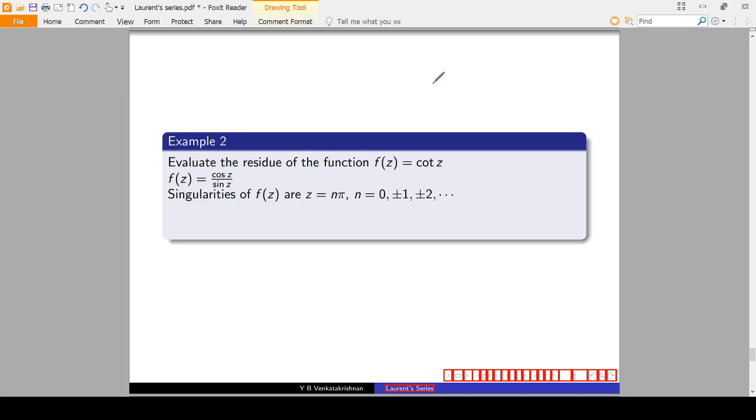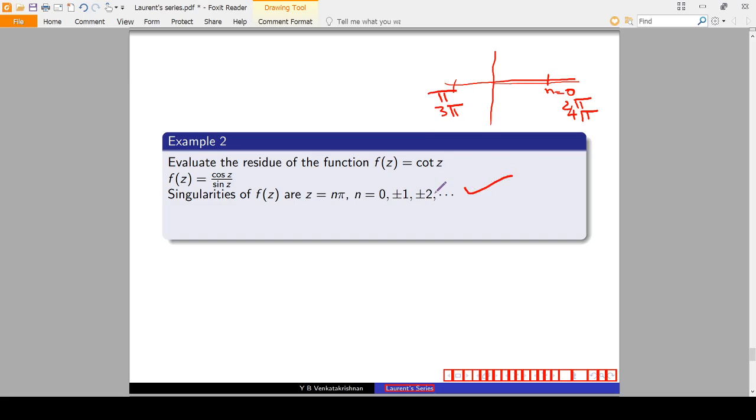But it has got more singularities. When I take z is equal to pi, sin pi is also 0. So automatically it becomes 0 at z equal to 0, or 2 pi, or 4 pi, and so on, and pi, 3 pi, and so on. So that is given here.